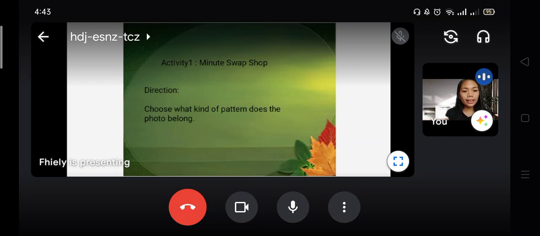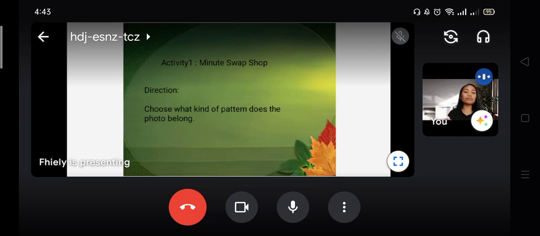The direction is: choose what kind of pattern the photo belongs to. I will be showing you a photo, then you have to identify what kind of pattern it shows or belongs to. You just have to identify the different kinds of pattern.